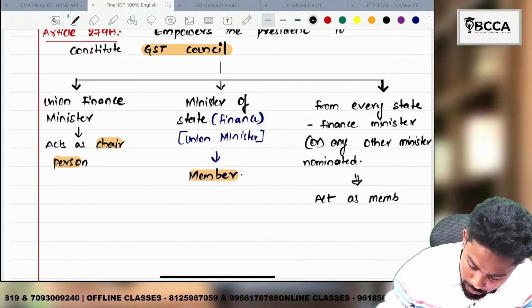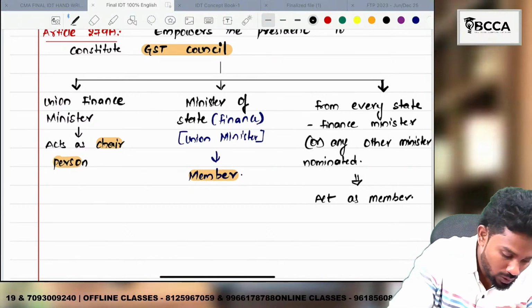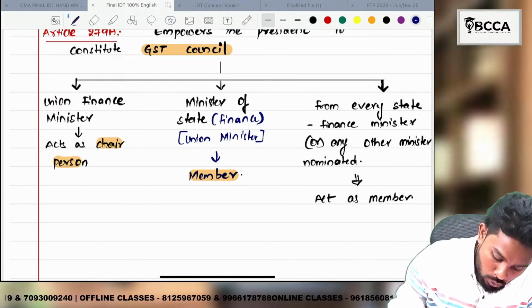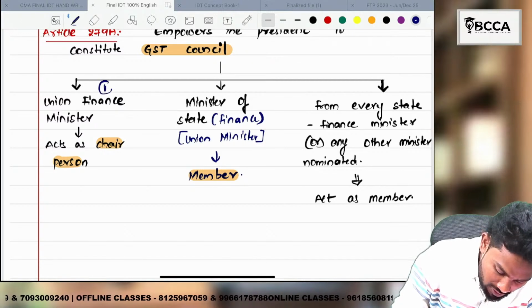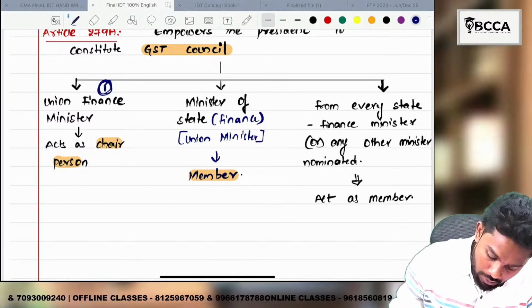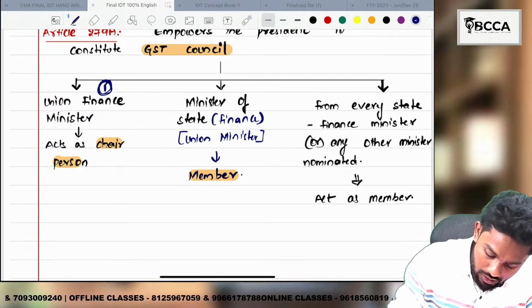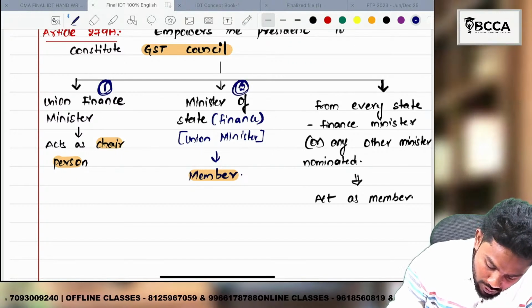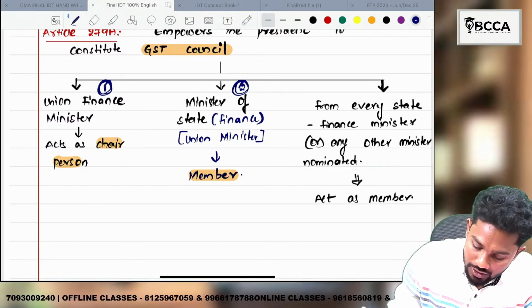So if you see how many members overall in total: the one who acts as chairperson is 1, the Minister of State is 2, and from every state, the finance minister or any other minister nominated acts as members.